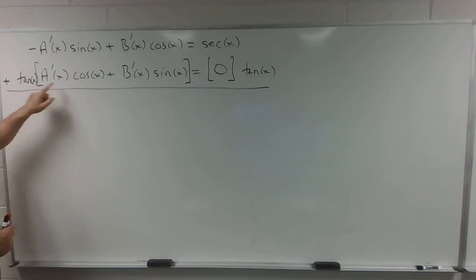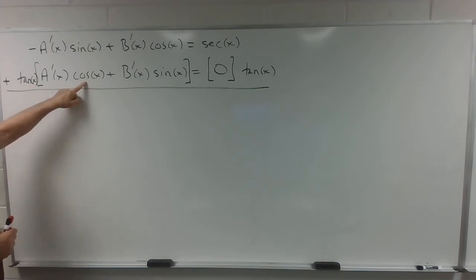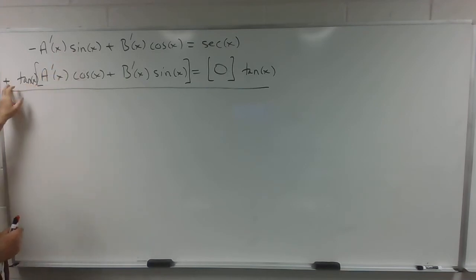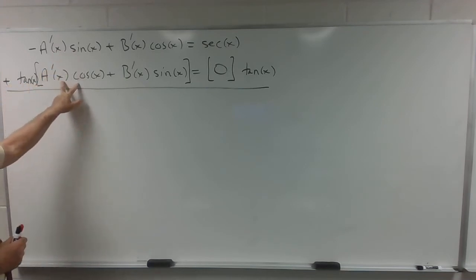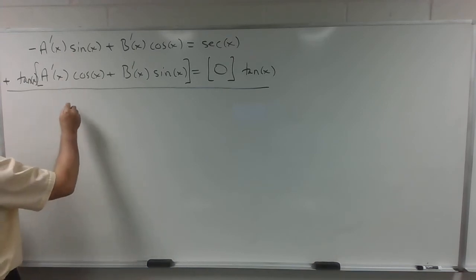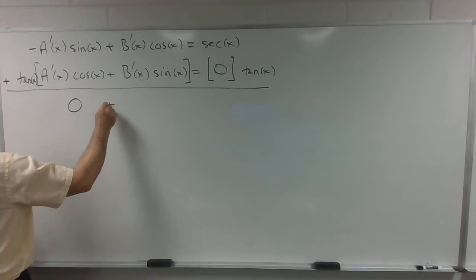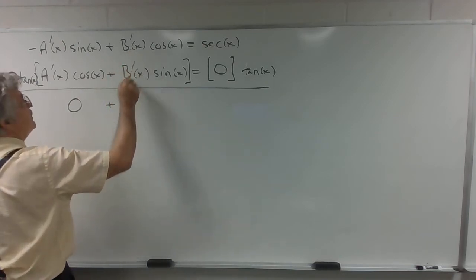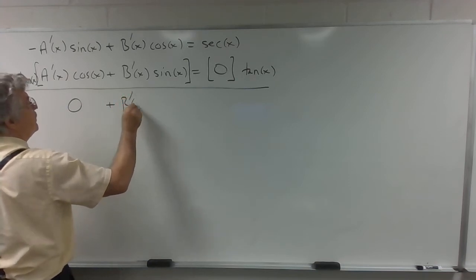So tangent of x times cosine of x is sine of x. So we have negative a prime sine of x plus positive a prime sine of x. That's going to be 0. Okay. And then I've got b prime here and b prime here.